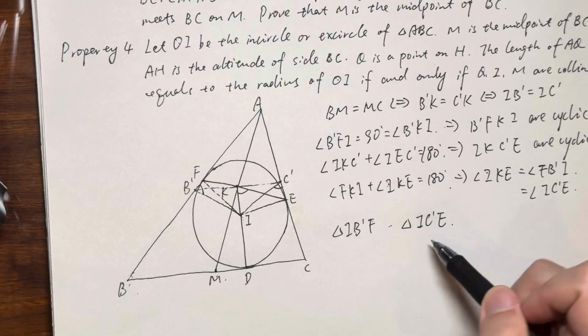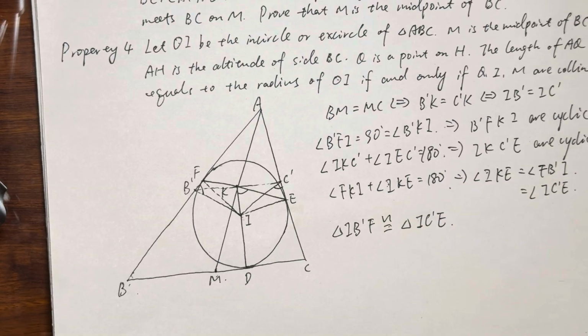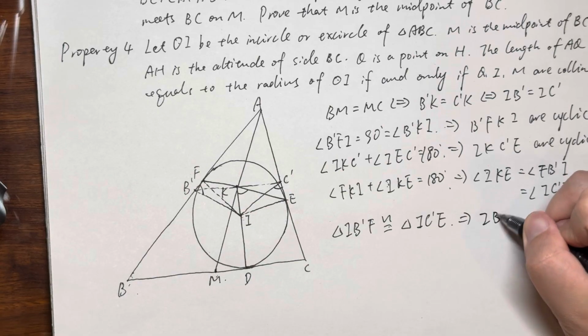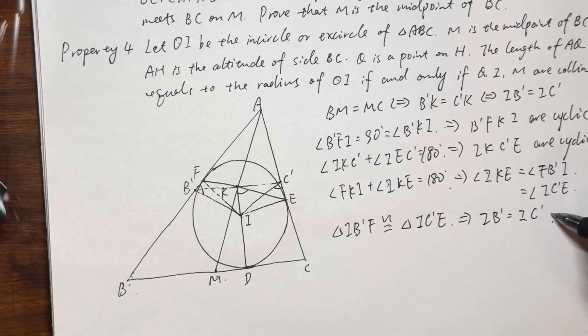That means these two triangles are congruent, which means IB' equals IC'.